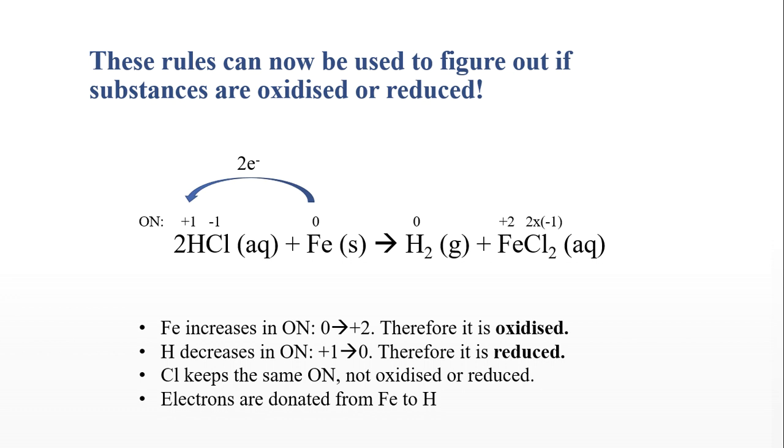Each hydrogen atom will then take up 1, cancelling out the +1 charge here, which means that both of them will have 0 at the end. So that's how the electrons are transferred in this chemical reaction. And that's an example of how we can use our rules about oxidation numbers to figure out quite a lot about the chemical reaction.